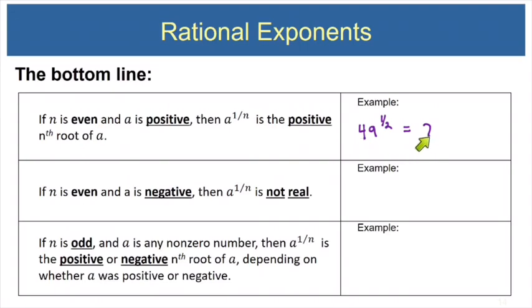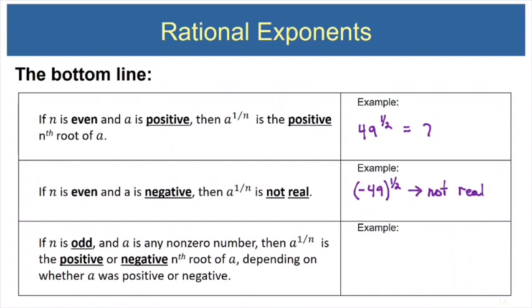So of course that's 7. If n is even and a is negative, then a to the 1 over n is not real. So for example, negative 49 to the 1/2 power would be not real, because in this case we would be looking for a number whose second power is negative 49, and that's not possible using real numbers. So we would just say not real.